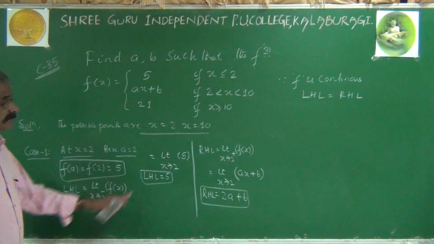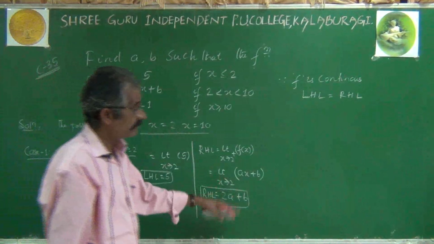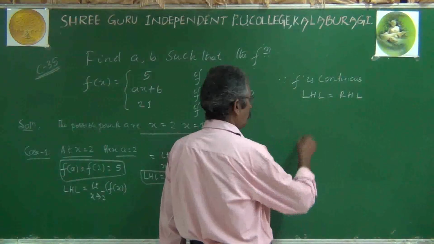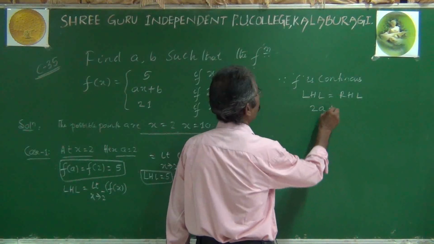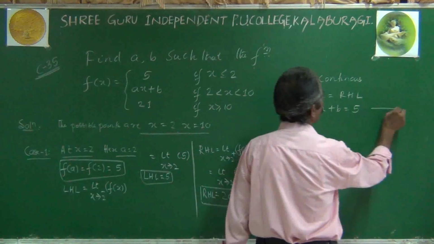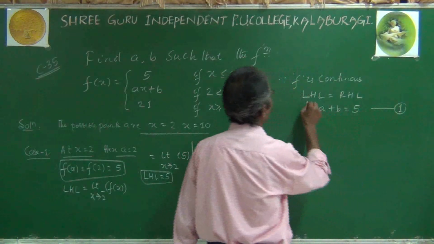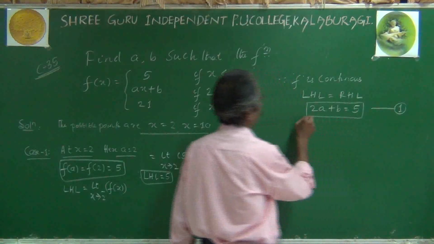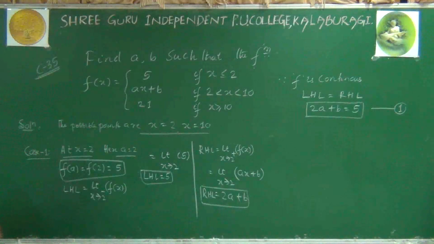LHL is 5, RHL is 2a plus b, or 2a plus b equals 5. Say equation 1. This is under case 1.